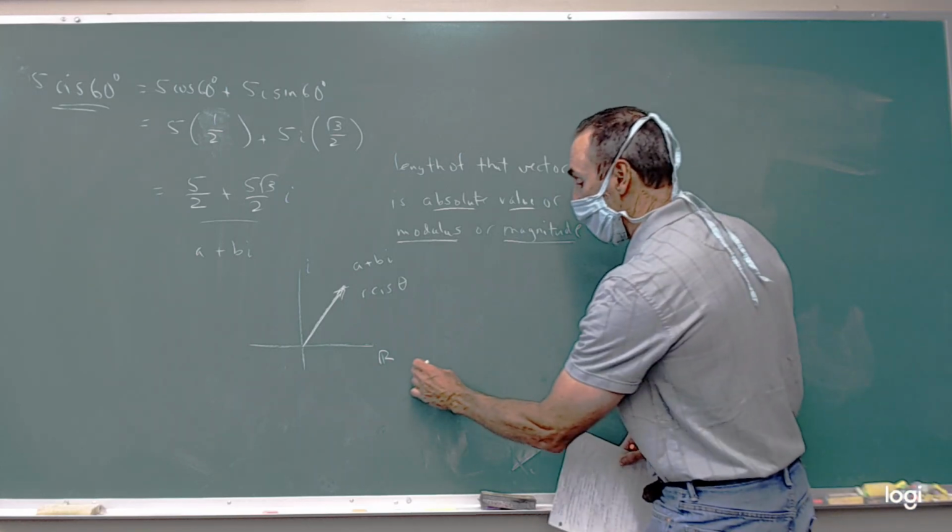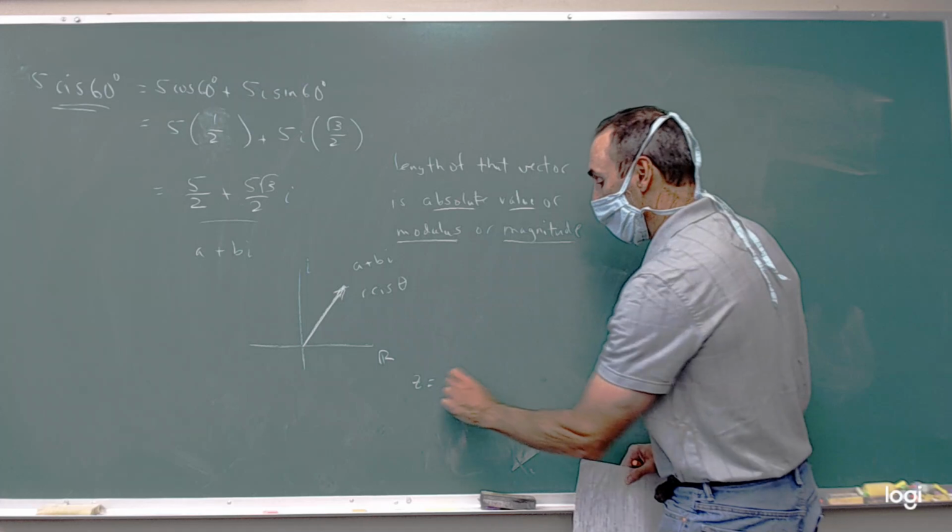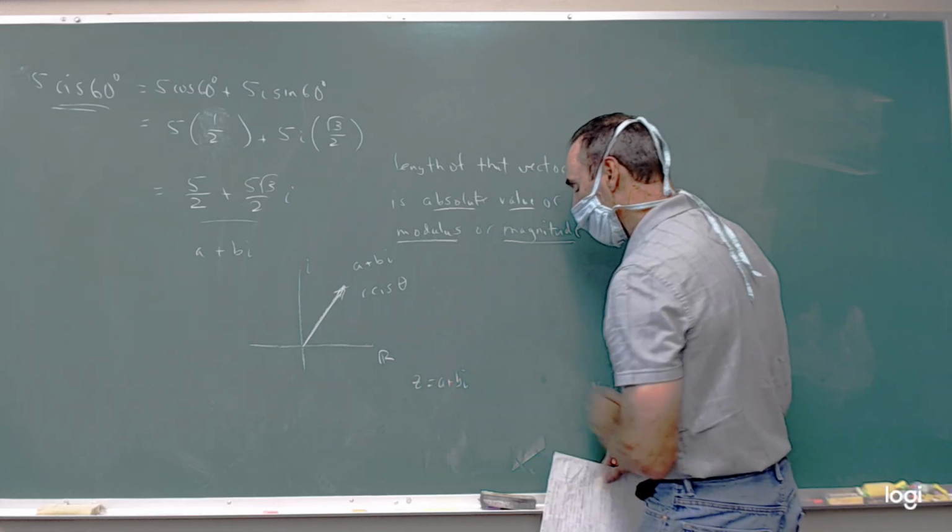So if I say that z, I'm going to just name this, I don't want to use x or y because we've got that for other things sometimes.